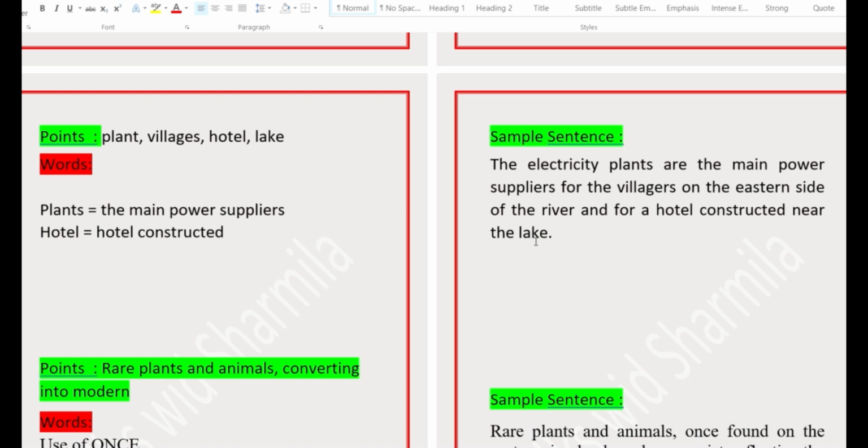Now, the next point. It is the rare plants and animals which we will cover now, and how the town is getting converted into a modern city. The words are in your writing task 1, students. One time, see that your sentence is made with this word once. A very scoring sentence.